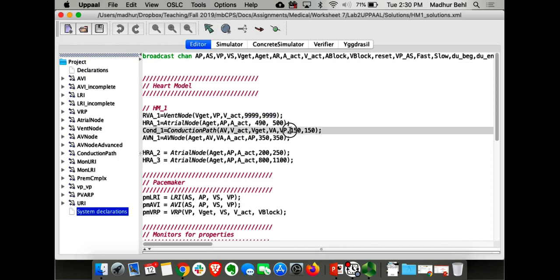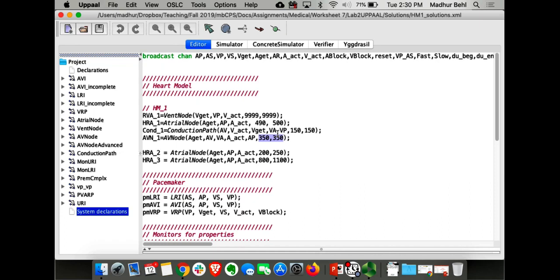The conduction path, so look, I'm doing a trick here. If I actually want the conduction to be a single number, I can set the min weight and the max weight for T conduction to be the same. Effectively, I'm not giving it any range. I'm forcing it that when time progresses and becomes 150 milliseconds in the conduction delay, you go out of your antigrade or retrograde state. And then I have initialized the AV node as well. If you look carefully, our structure is the atria, AV node, conduction path, and ventricle.